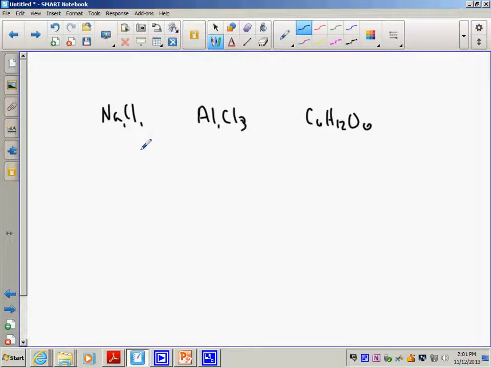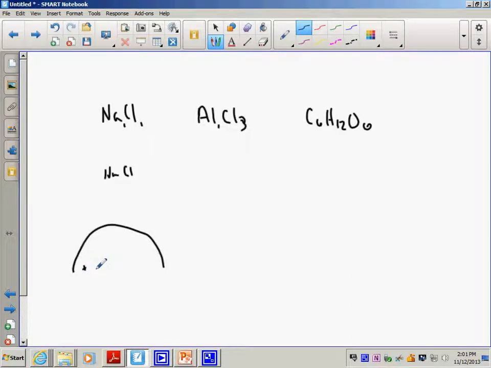So no matter what you have, if you have one itsy bitsy little crystal of sodium chloride, you're going to have 1 sodium and you're going to have 1 chlorine. Again, this is a bulk crystal, but if you literally had 1 cation, 1 anion, this is what you'd have. So regardless of the sample size, I could have a small sample size or a very large sample size of sodium chloride.